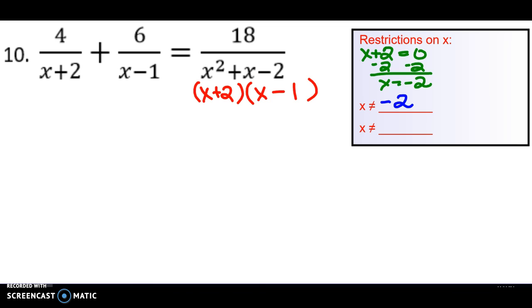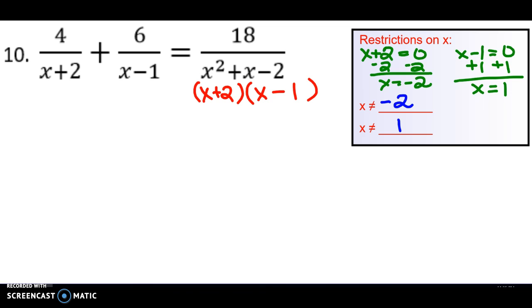And we'll do the same thing with the other one. I have x minus 1. We'll set that equal to 0. Add 1 to both sides. And so the other restriction that we have on our denominator is that x cannot equal positive 1. So those are our restrictions, and that will be a question on your test, is find the restrictions.